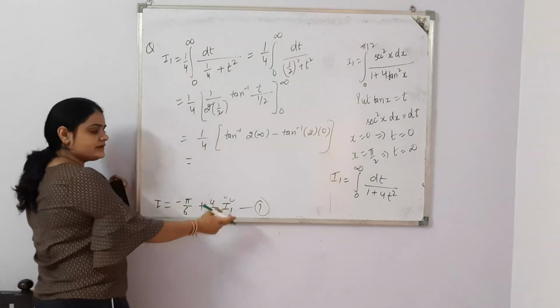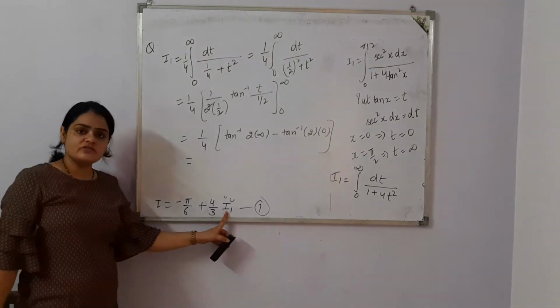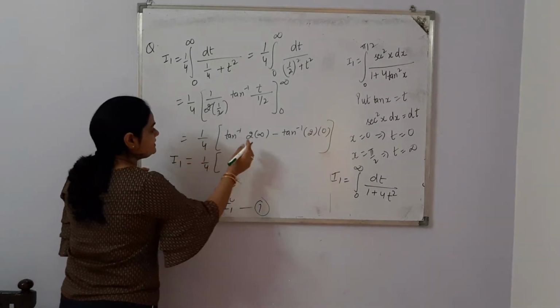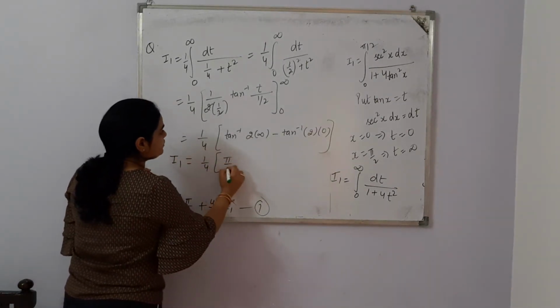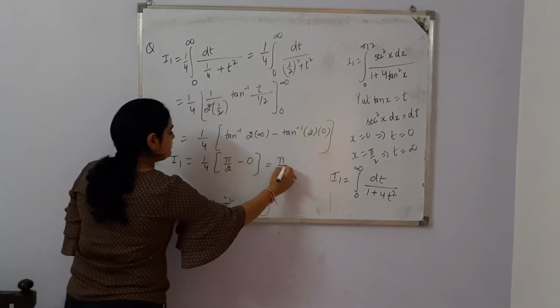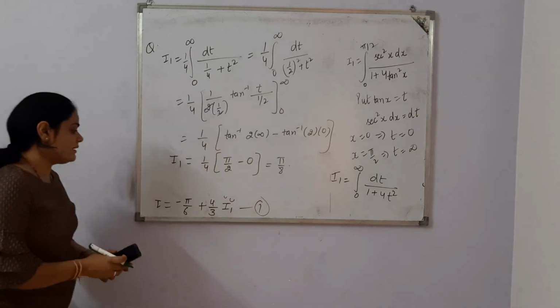I am taking this equation as 1 because we need to substitute the value of I1 here. So this is I1: 1 by 4, tan inverse infinity which is pi by 2, and tan inverse 0 which is 0. So here I am getting pi by 8. I1's value is pi by 8.